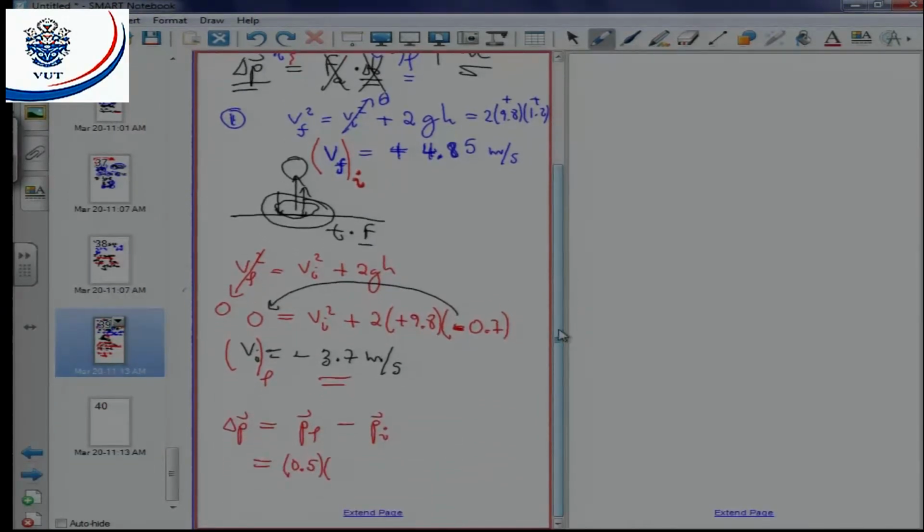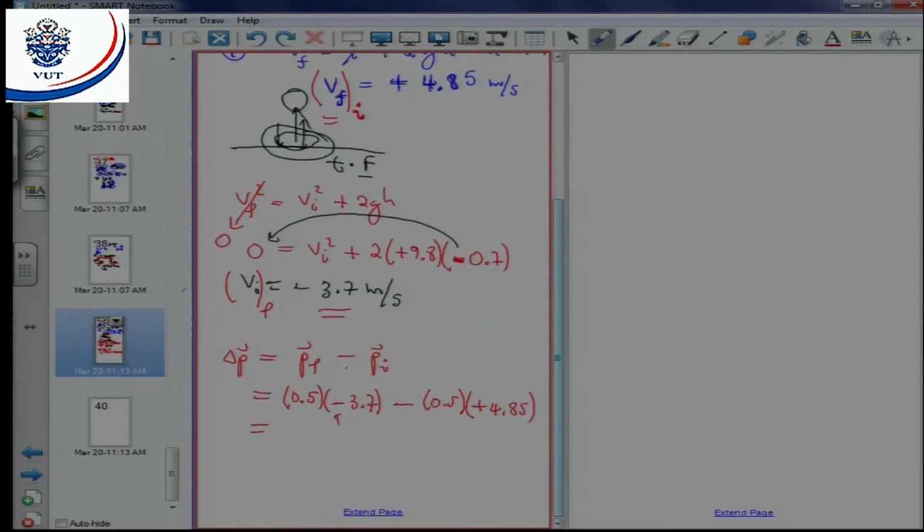So we have negative 3.7, and the sign is important because it's a vector, and then we have the minus from the equation, and the mass is still 0.5, and now the speed is the initial, which was a plus, so plus 4.85. Okay, so then what is our final answer?